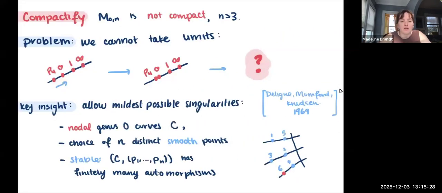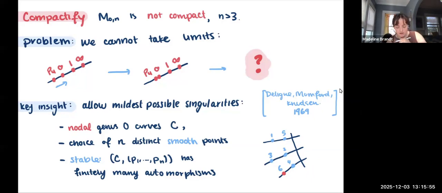So the key insight of Deligne, Mumford, and Knudsen in 1969 was that instead of just looking at n-marked P1s, we should slightly broaden the class of objects that we're looking at so that our moduli space is compact. You're just adding some stuff into the boundary, basically.